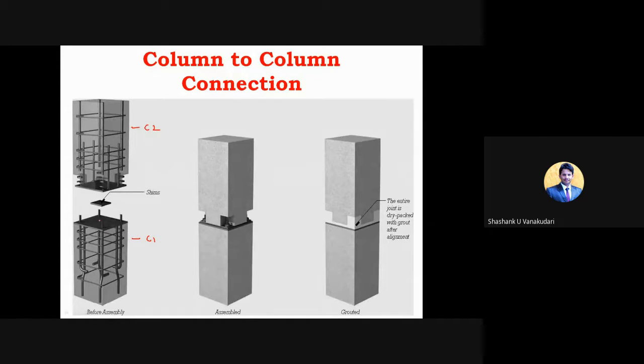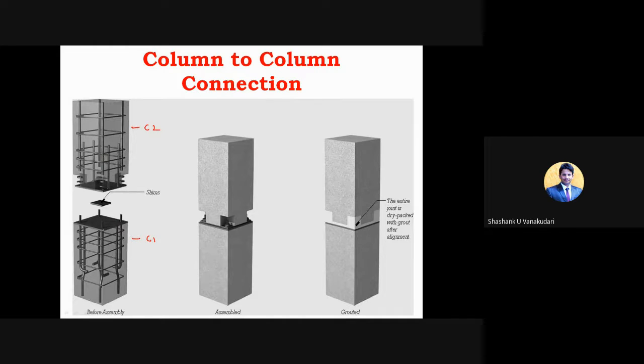Once they have prepared column 1 as well as column 2, now the process is to join these two columns. Due to some additional planning, like where exactly we need to provide the joining holes, and which type of connections we need to provide, they are ready to connect one column to the other column.